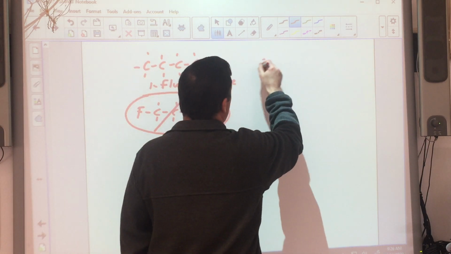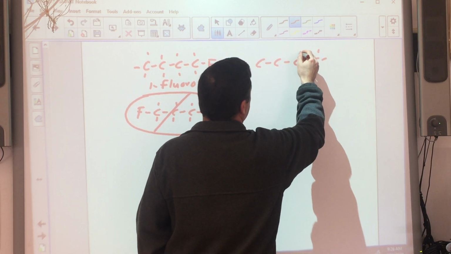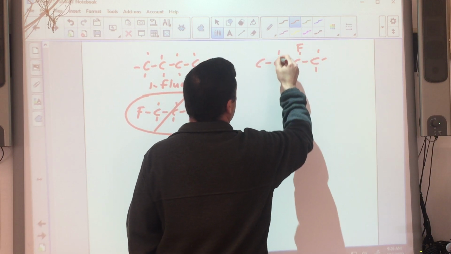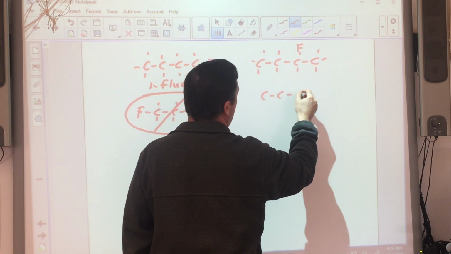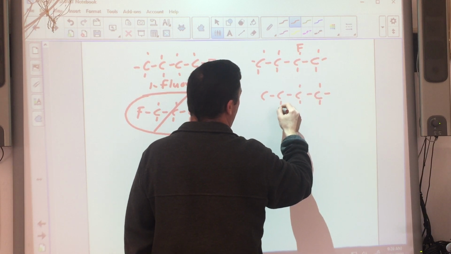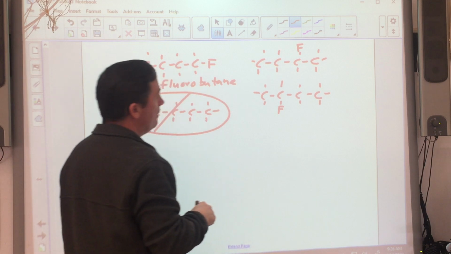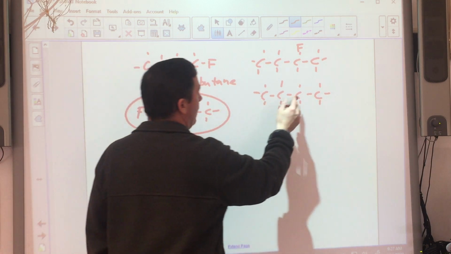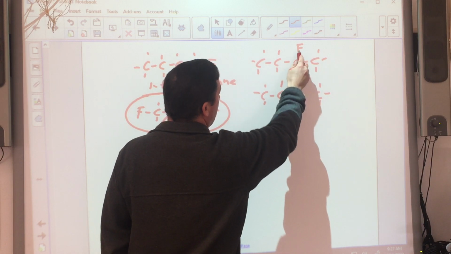In fact, if you looked at this one compared to this one, these are also not isomers of each other because the fluorine is on the number 2 carbon.